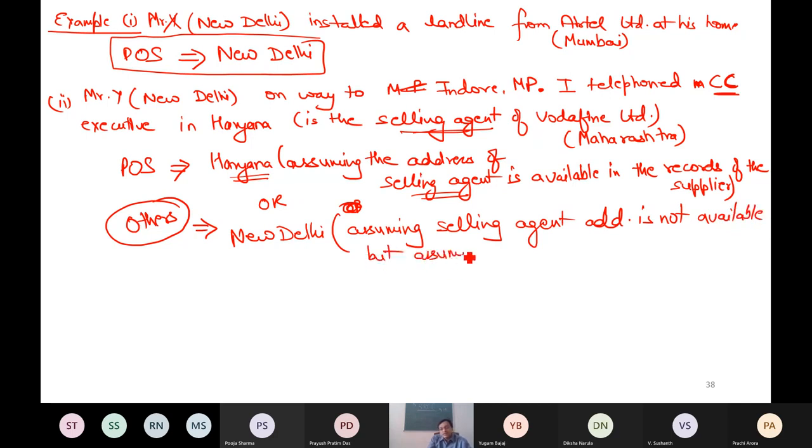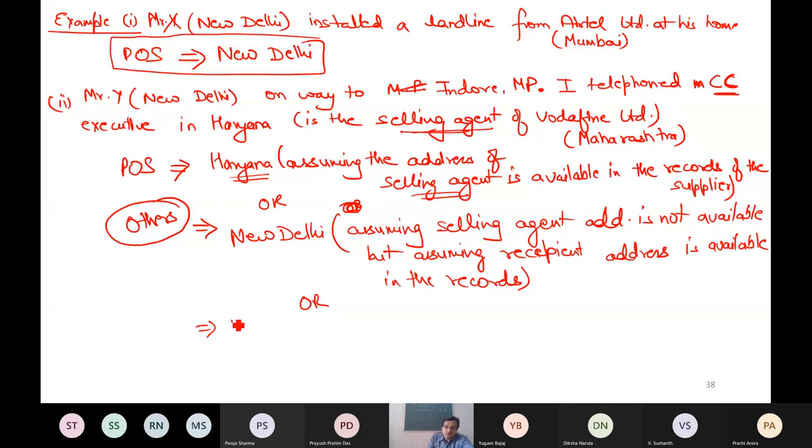Assuming recipient's address is available, and not the actual address of recipient, whatever is in the records, assuming recipient address is available in the records of the supplier. So answer depends on assumption. In fact, even Maharashtra can be the answer. This is how you should apply the provisions.